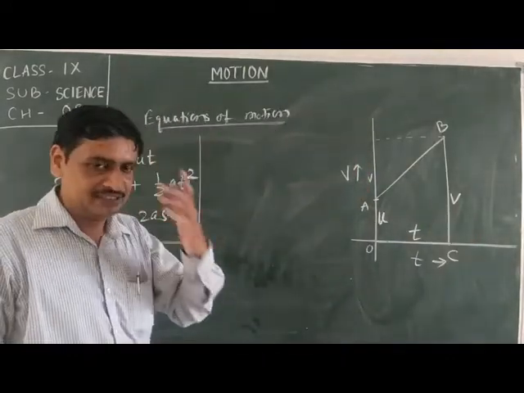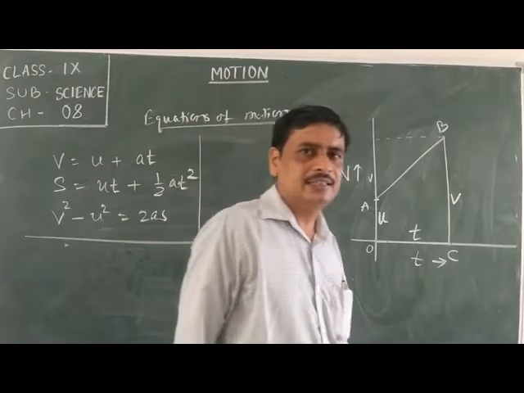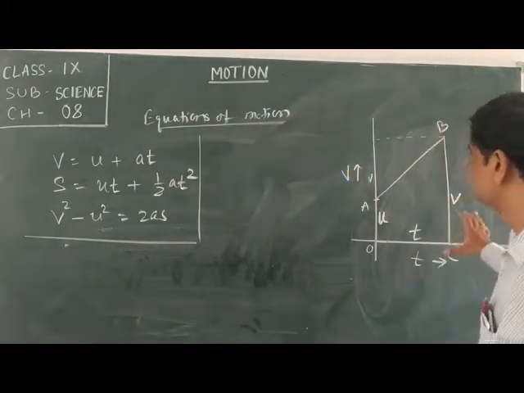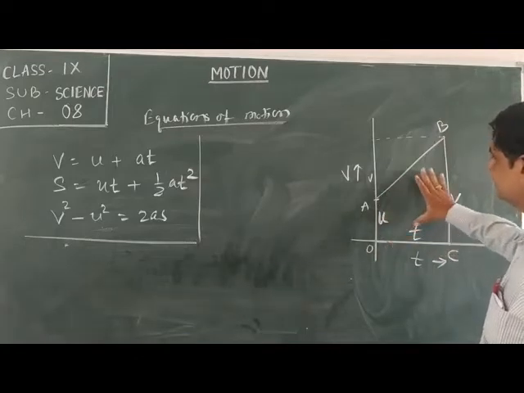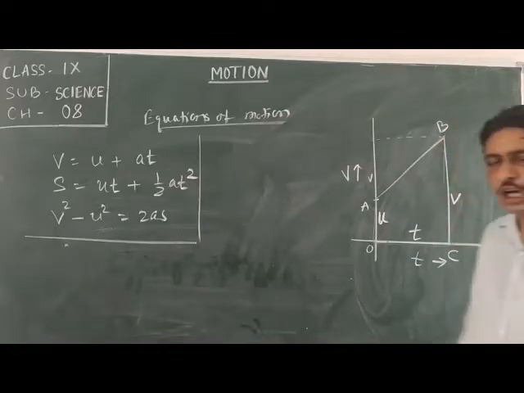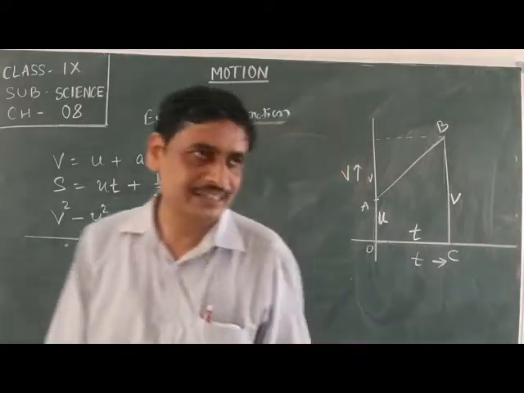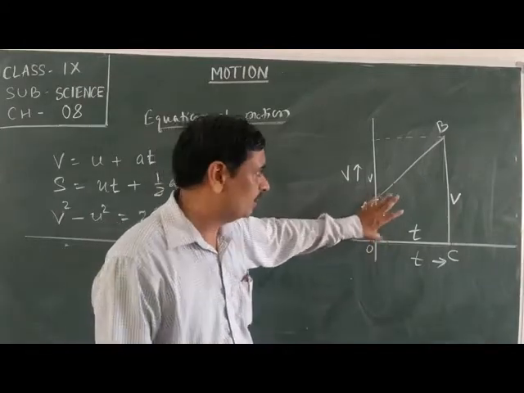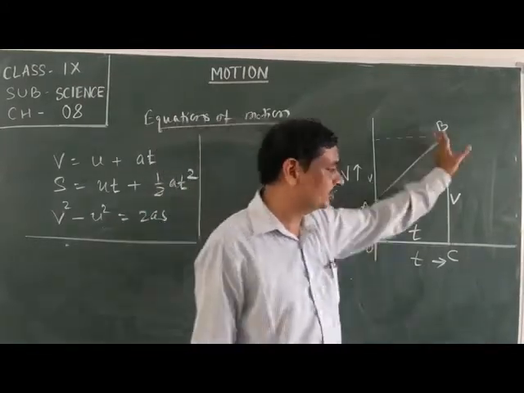We have to find what will be the acceleration shown by the body which is moved from initial velocity OA to final velocity BC.